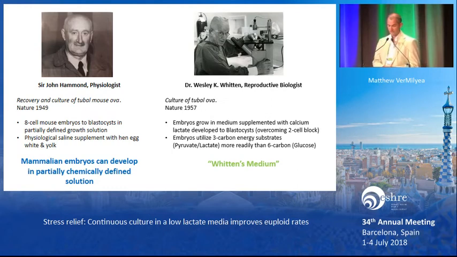A few years later, in 1957, Dr. Whitten, as we are aware, developed Whitten's medium, and he was able to show that, again, by using pyruvate and lactate, we could overcome the 2-cell block in the mouse embryo, and that the embryos utilized these 3-carbon energy substrates more so than the 6-carbon glucose. I'll get into that a little bit later as well.